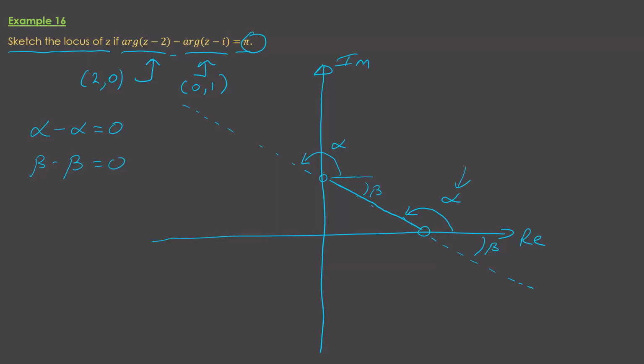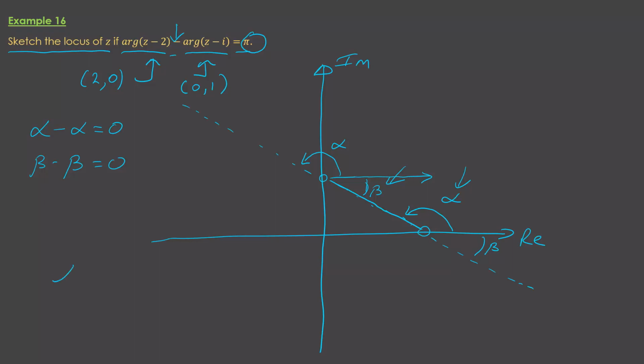This angle is alpha, this one is beta. And what can we tell about the size of those two angles? Well, this line and the real axis are parallel. So we can see that they add to 180, at least if we ignore the sign of beta. But that's where this minus comes in.